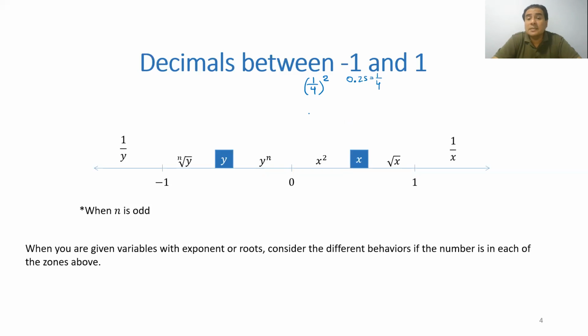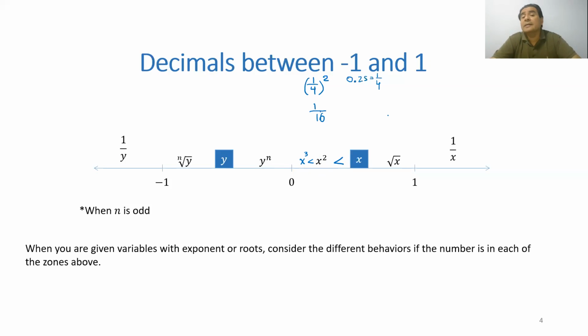The result is 1 over 16, right? And 1 over 16 is a fraction smaller than the original one, than 1/4. So you can see that the power of a given positive decimal is always less than the original decimal. And this applies to powers of greater positive exponents, such as x cubed, and so on.